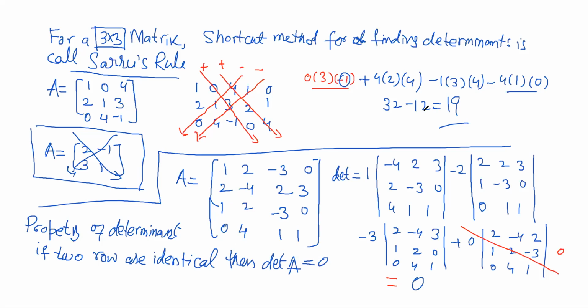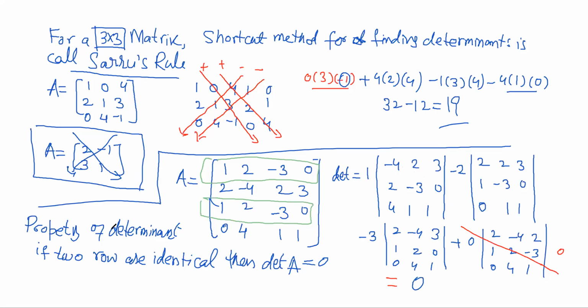In this case, we can see that these two rows, row 3 and row 1, are identical. So without making any calculations, we can say that its determinant will be 0. Of course, you can verify with the calculations as well. For the length of time available, I will not do these calculations here. So the determinant of A will be 0.